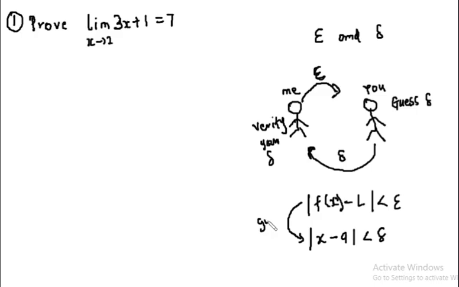So use this to guess delta. When you finish guessing the delta and you give me back your delta, in order for me to verify your delta, I'd have to use this inequality and convert it back to this inequality to verify. So that's just the two simple steps involved in proving limits.